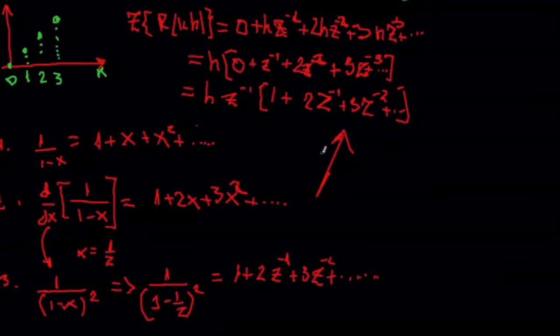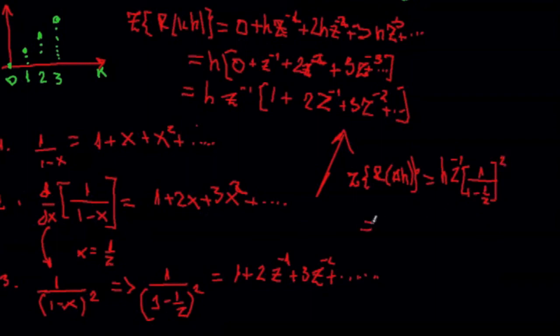Let me move this in this direction. That z transform of R(kH) becomes H z^-1 multiplied by 1 over (1 minus 1 by z) squared.